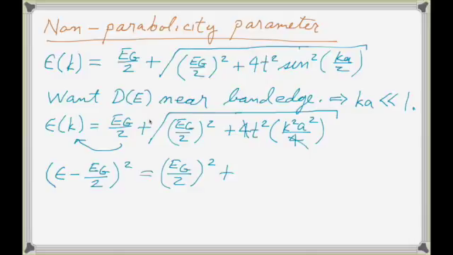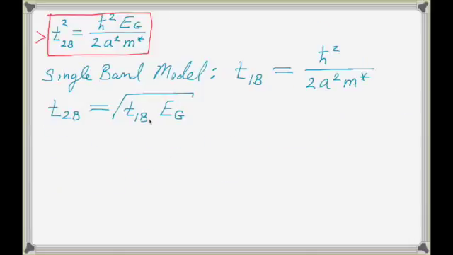Now what I'm going to do is use the relationship between t and the effective mass that we just derived to replace t. Actually I have a t squared, so I'm going to replace t squared by this.